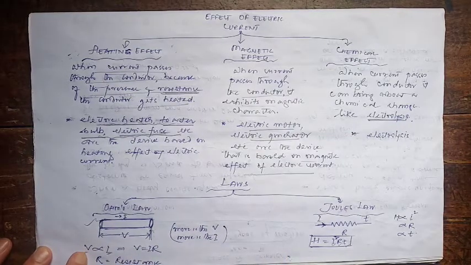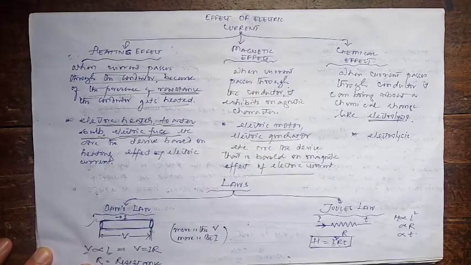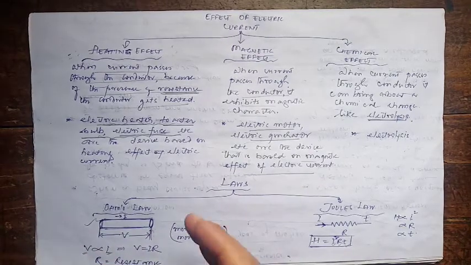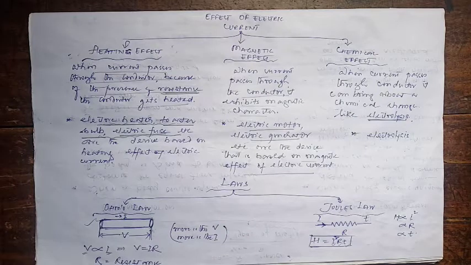This means if we increase the potential difference, the current will increase. If we decrease the potential difference, the current will also decrease. So this is the relation between potential difference and current. Or we can say Ohm's law states the relationship between potential difference and the current.